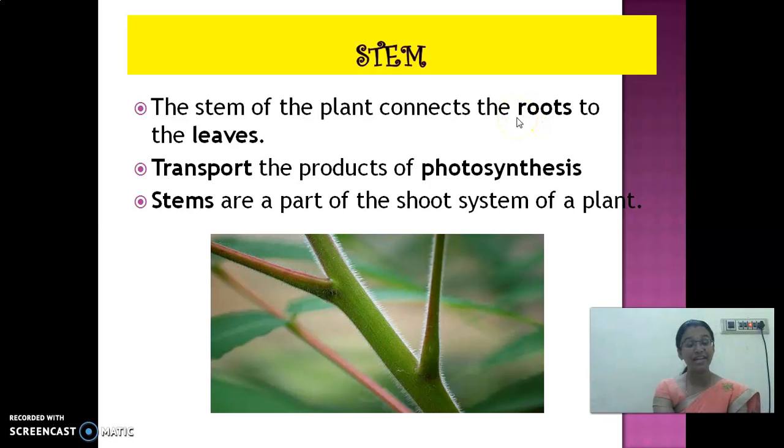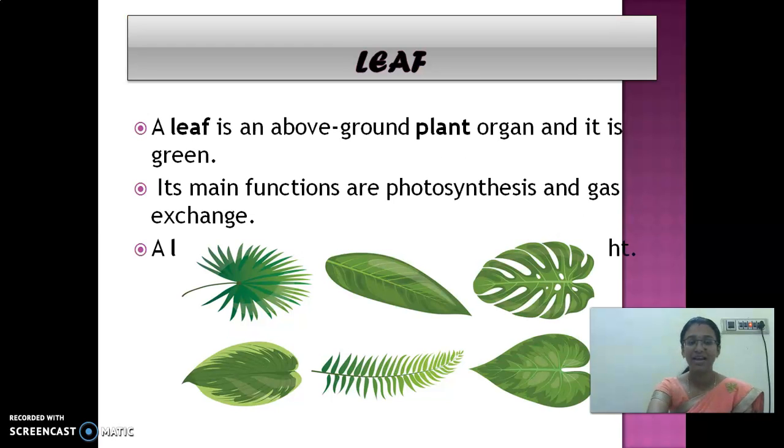It helps to connect the root and the leaves. They transport the products of photosynthesis. Stems are part of the shoot system. The shoot system is nothing but the part of the plant which is present above the soil.